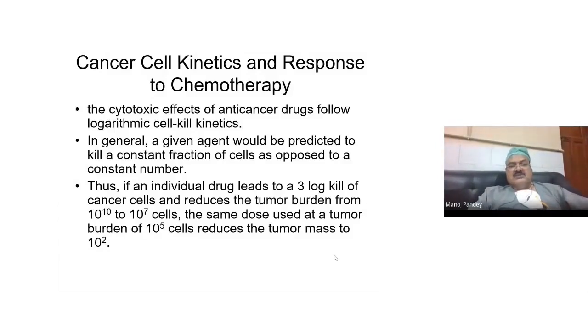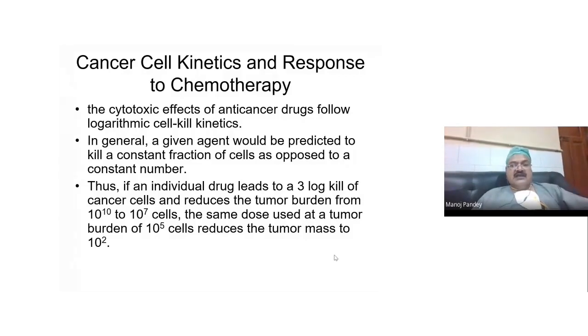This is called logarithmic cell kill kinetics. It is not universal for all drugs, but it is generalized for drugs which act independent of the cell cycle. If a drug acts in all phases of the cell cycle, you will usually get logarithmic cell kill.